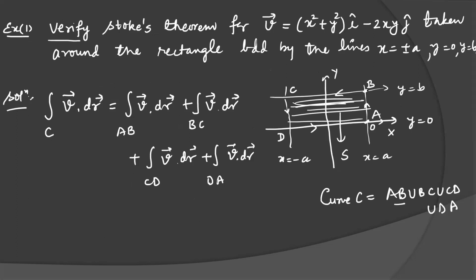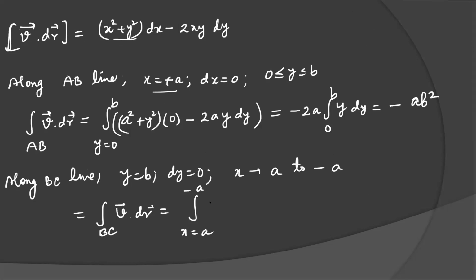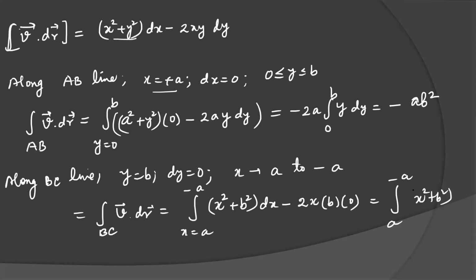So the limit of x is a to minus a. The integral of (x square plus b square) dx minus 2x times y, where y is b and dy is 0, so this term is 0. So ultimately you get the integral from a to minus a of (x square plus b square) dx. If you simplify it, you will get minus 2a cube over 3 minus 2ab square.